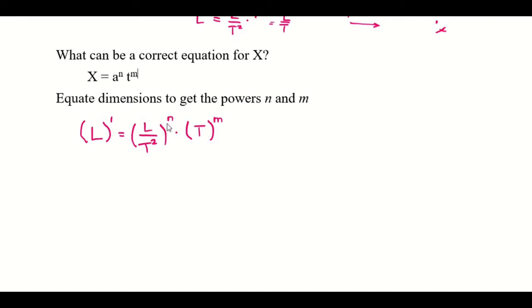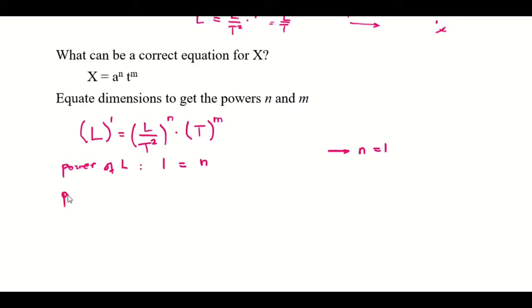Now, for an equation to be dimensionally homogeneous, the power of L on the left side must be the same as the power of L on the right side. Similarly, the powers of every other term must be the same. So if I write the powers of L, then the power of L is 1 on the left side. On the right side, L to the power n, and there's no other L. So it's n. And therefore, we have the solution n equals 1.